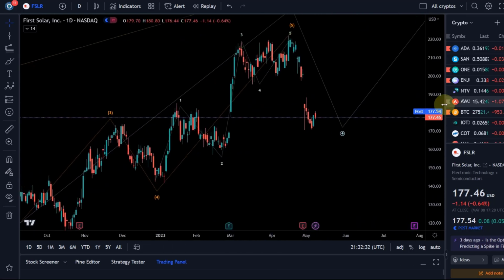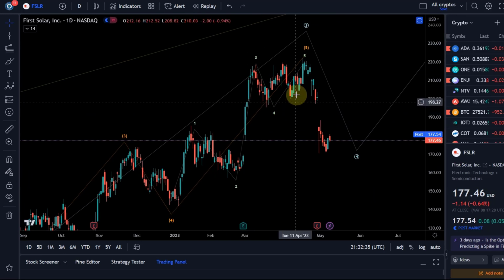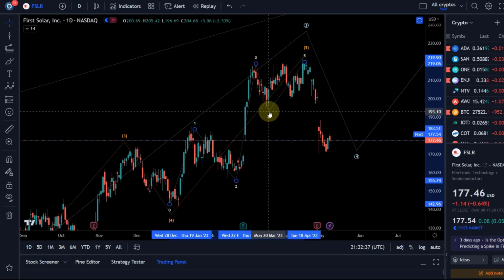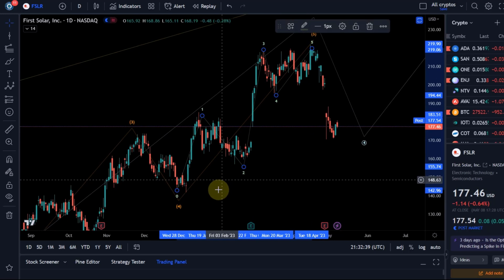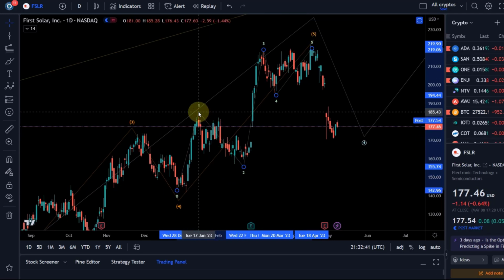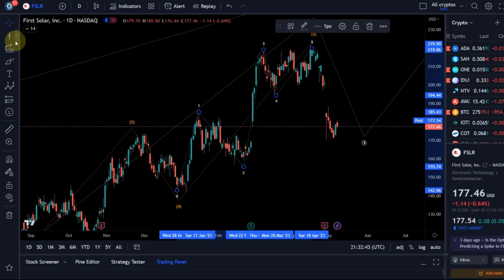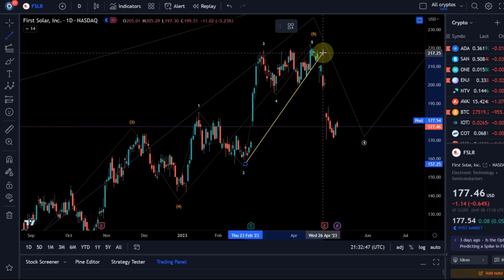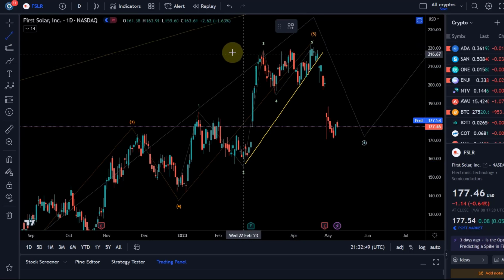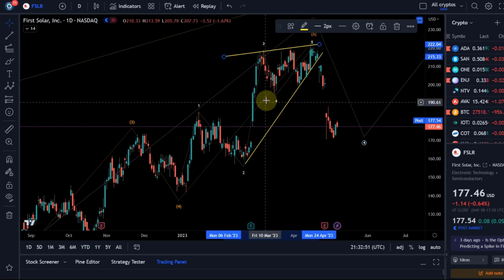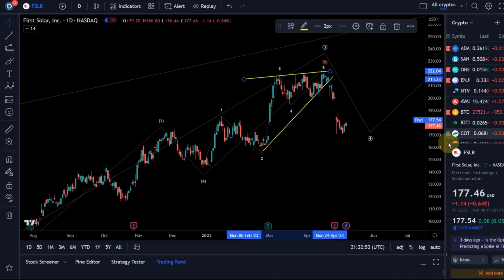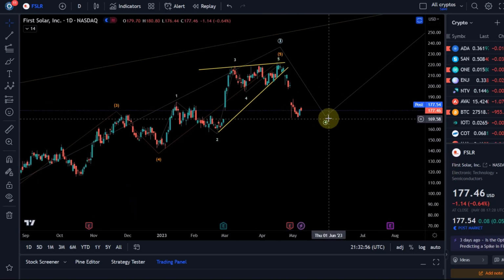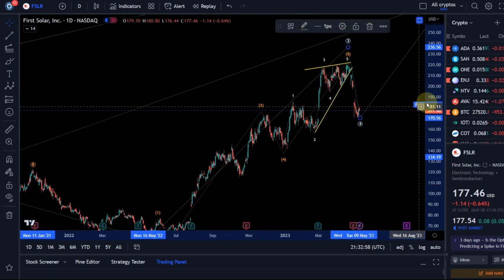Ending diagonal in the wave 5. It happens quite frequently. Perfect, because you then often get these sort of wedge patterns towards the end. It was quite obvious here, as you can see, and then it broke down. And this could now be the fourth wave based on my reading.